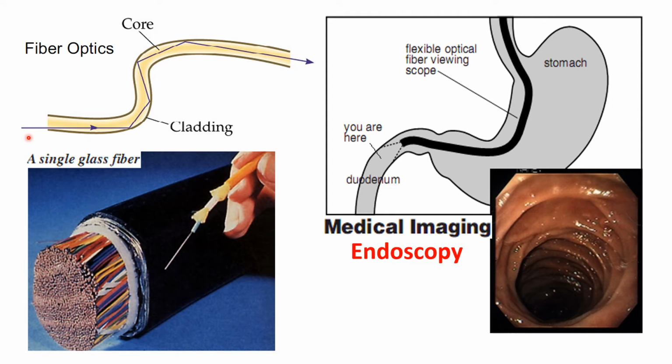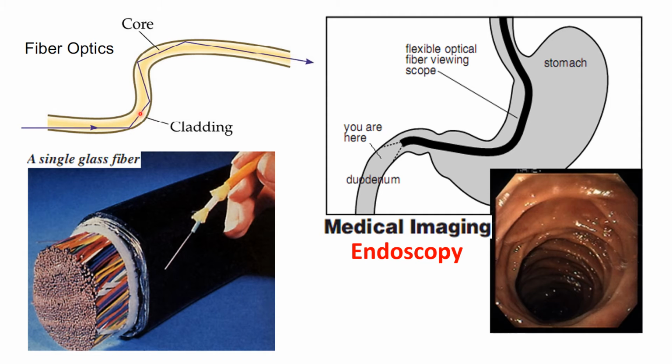When telecommunication signals enter the fiber optics, they are made in such a way that the signals strike the cladding at the point of incidence, and then this ray, instead of moving out of this cladding, this outer part of the cable, reflects internally in the cable.